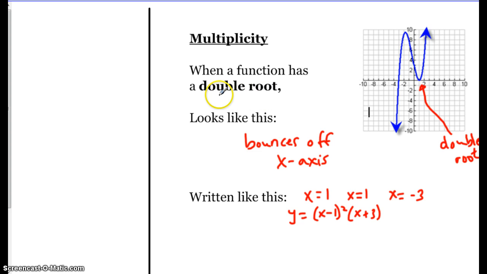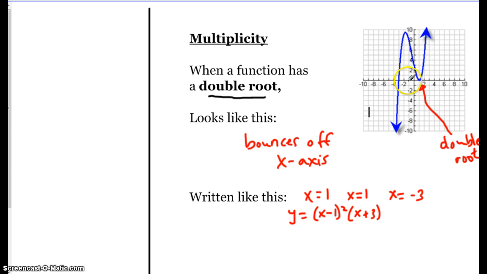So that now you have that definition, and you'll have to recognize that in the graph and from the equation. So anytime you see the word double root, it means that root bounces off the x-axis and goes back up.